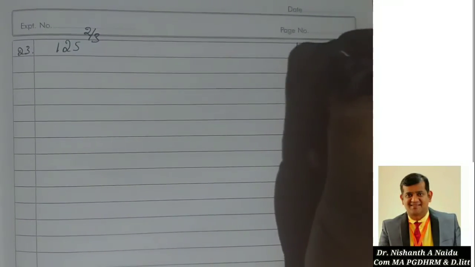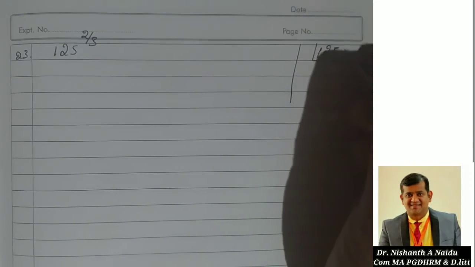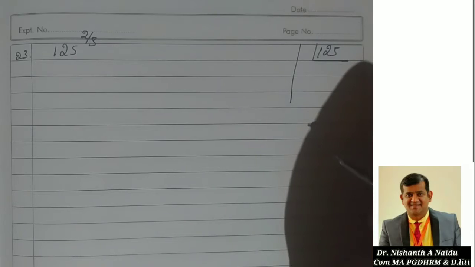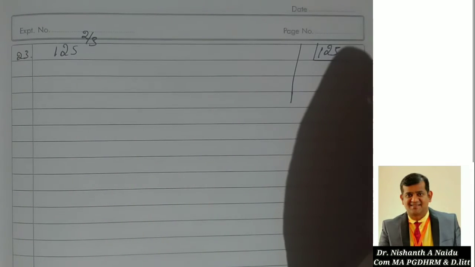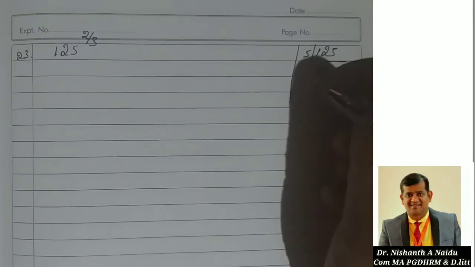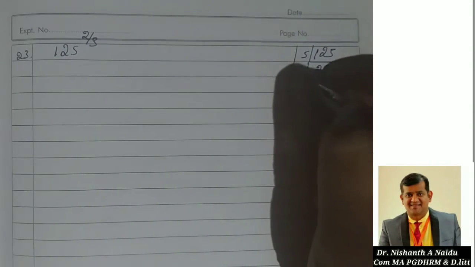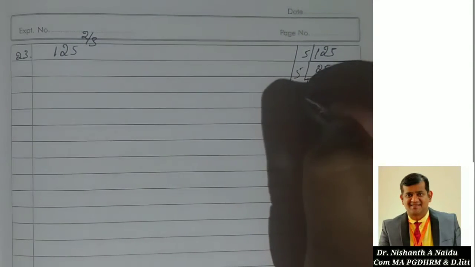So 125. Obviously you all know that whenever 25 or 5 comes, that will be multiplied by always 5. So 5 25s are 125, then 5 5s are 25, then 5 1s are 5.